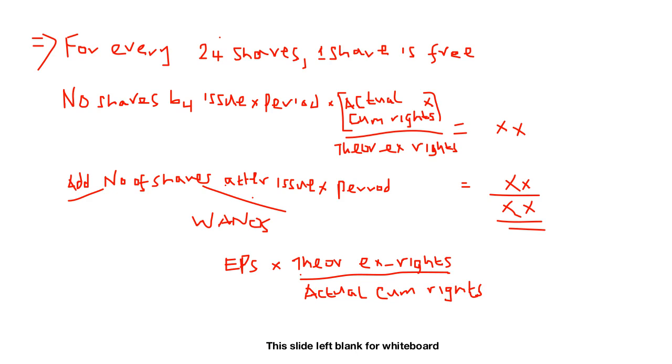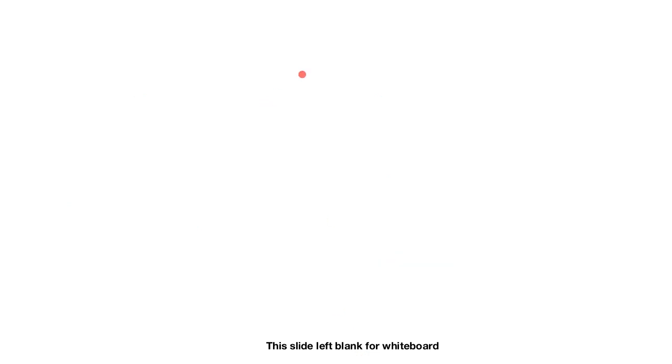Now the actual cum rights price is the fair value of the shares prior to the exercise of the rights. And the theoretical rights, maybe we can go to the next slide and then we see how we can get the theoretical rights.